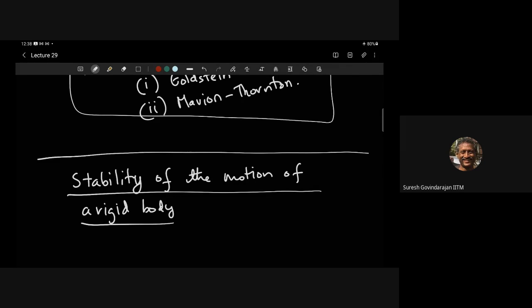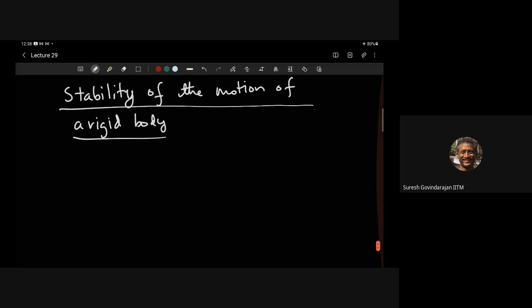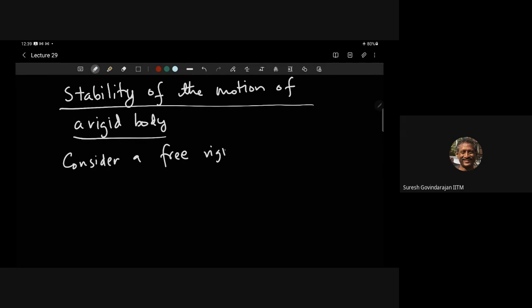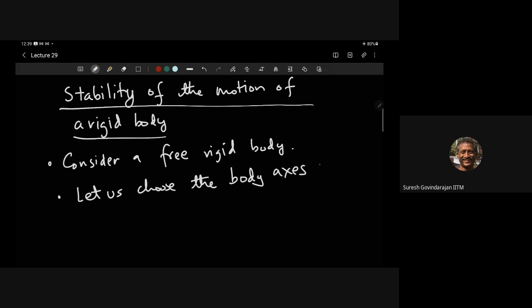What we're going to do is consider a rigid body, first free, and let us choose the body axis to be the principal axis.